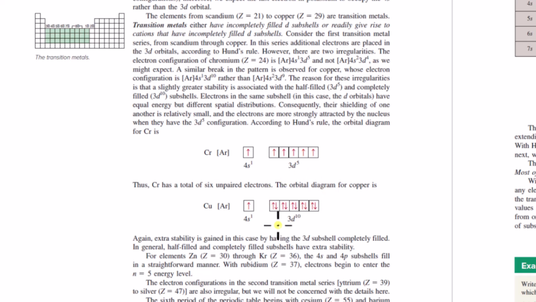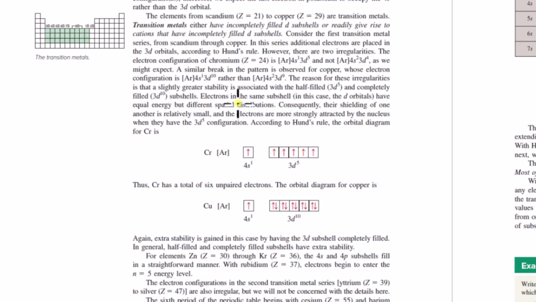So you might say, well, isn't it the same thing either way? No, because for the whole subshell, you would like to have full subshells that are unpaired or completely filled. For the case where you put this electron here and remove this electron there, yeah, you have an unpaired electron, but it's not associated with the entire subshell.